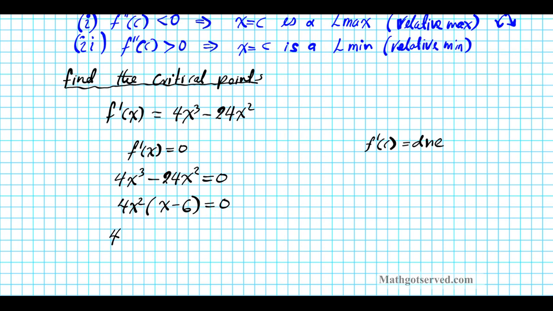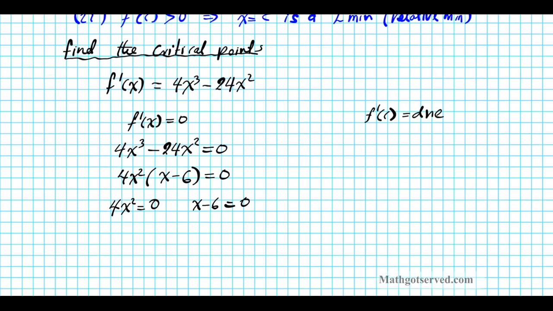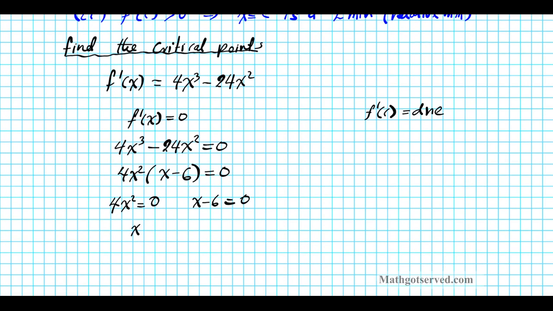Using the zero product property, 4x squared equals 0, or x minus 6 equals 0. We solve the first equation by dividing by 4 and taking the square root. You have x equals 0. Add 6 to both sides here, x equals positive 6. So these are critical points where the derivative is 0.